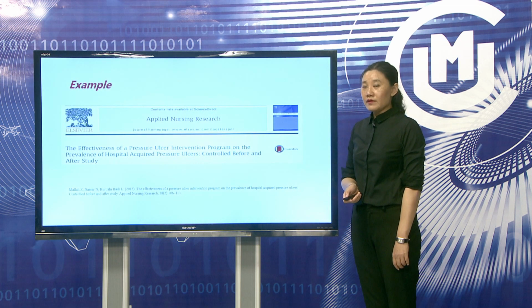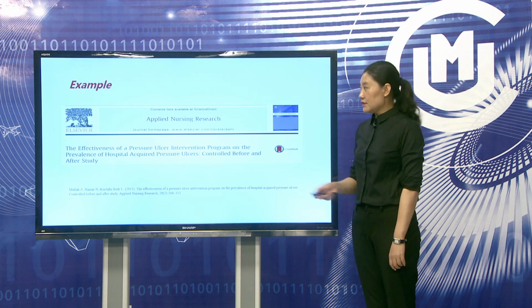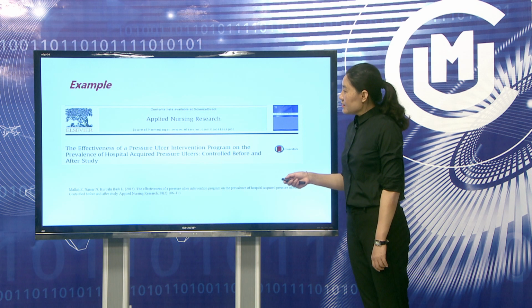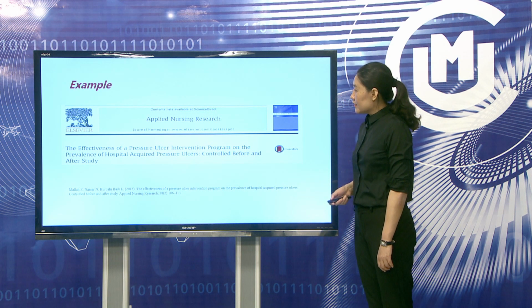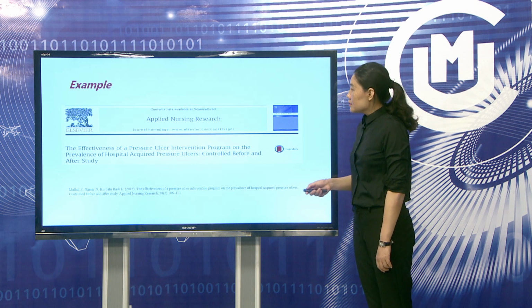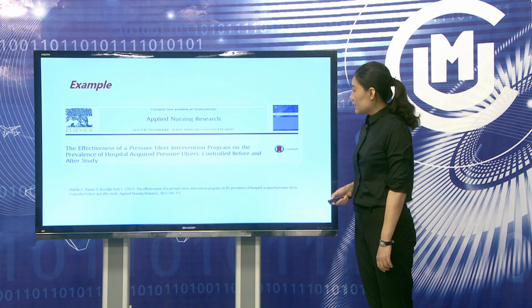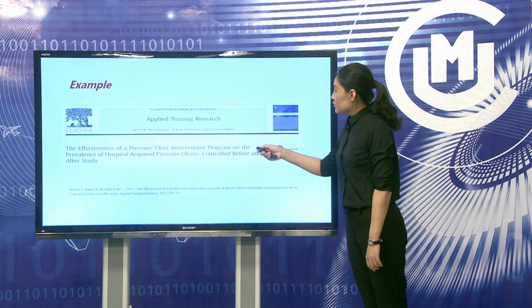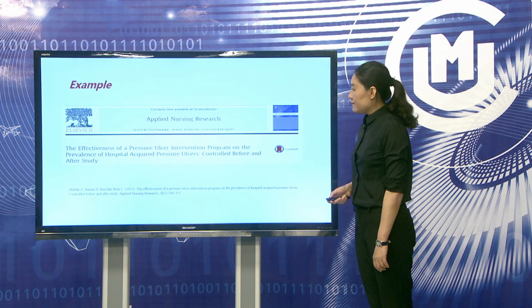Now, we'll illustrate the introduction with an example. The title is The Effectiveness of a Pressure Ulcer Intervention Program on the Prevalence of Hospital-Acquired Pressure Ulcer, Controlled Before and After Study, published in Applied Nursing Research in 2015.